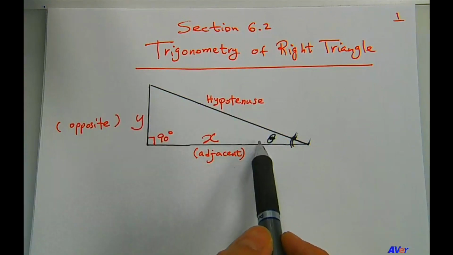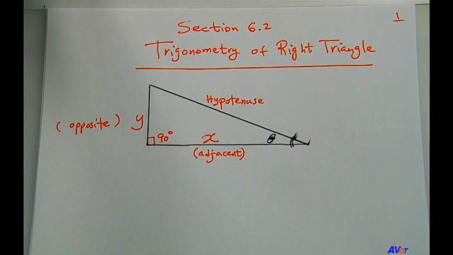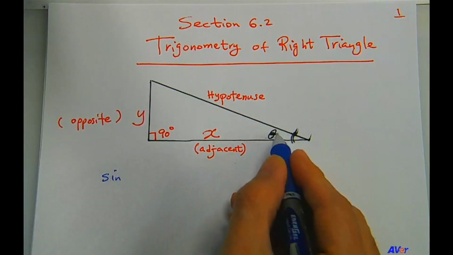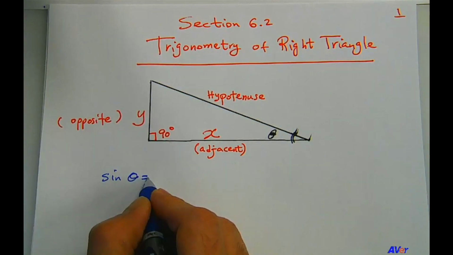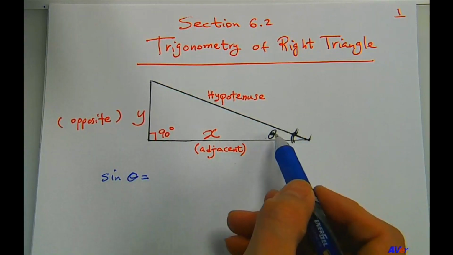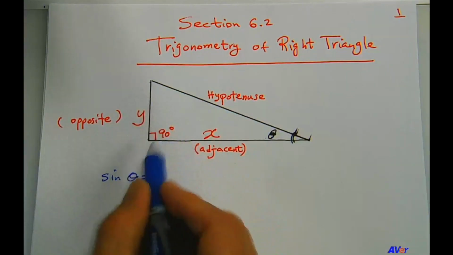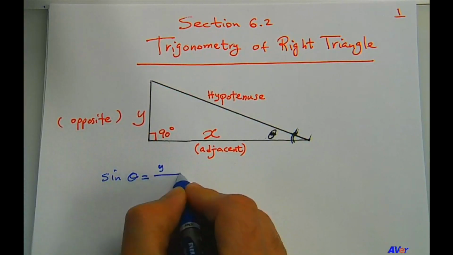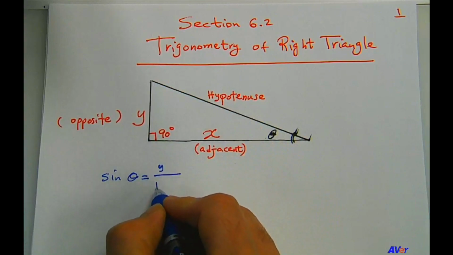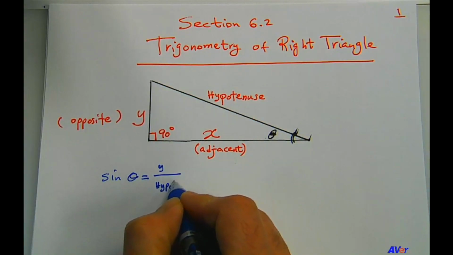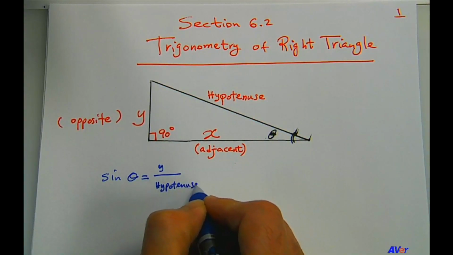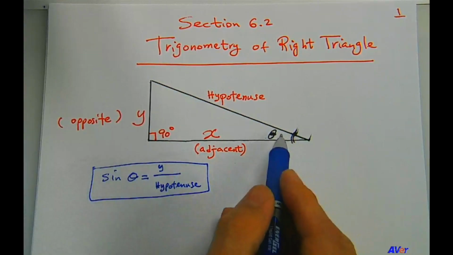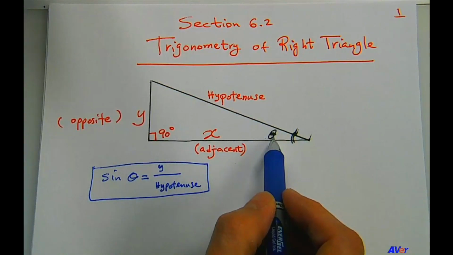So for example, for the sine function, for this angle, sine of theta, we can either say it's the opposite side or y. We can say y over hypotenuse. So that's one way of writing the measure of sine of theta.